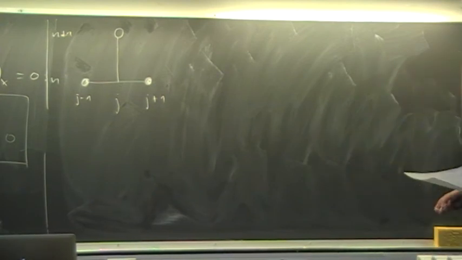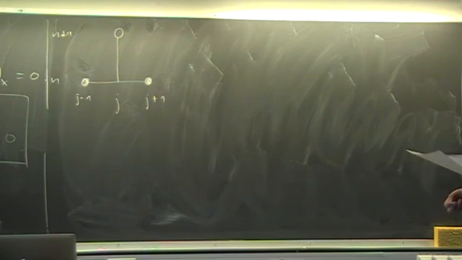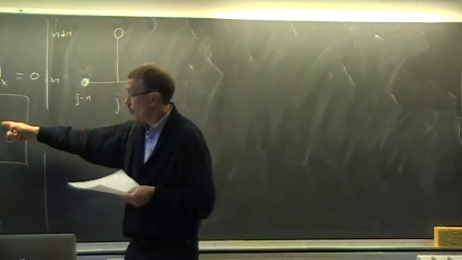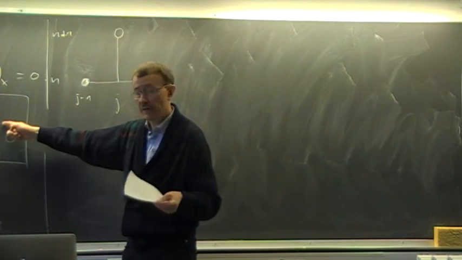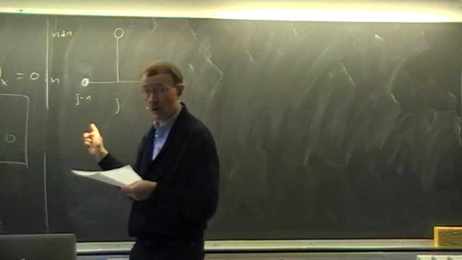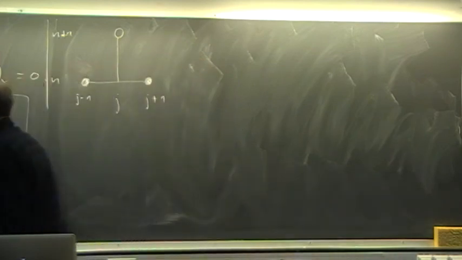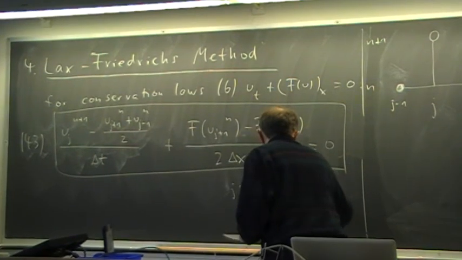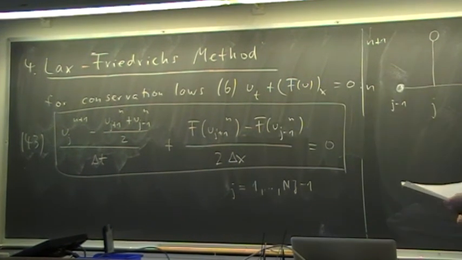And for which j does this hold? If we do the numbering from 0 to nj, then we see we cannot apply it at 0, because we have no left neighbor, minus 1. And we cannot apply it at nj. So this would then be valid only from 1 to nj minus 1. And we then have to use the boundary conditions depending on the sign of the characteristic speed.